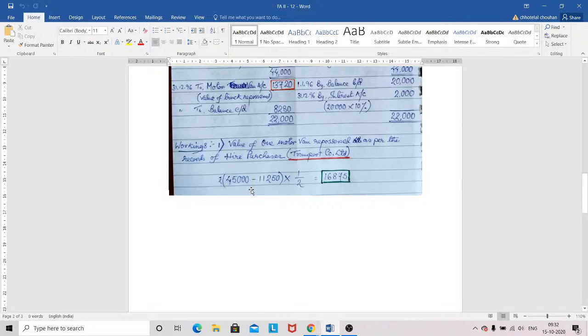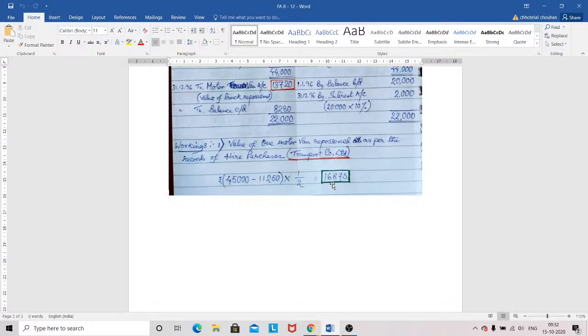So the remaining balance is for the two motor vans, and you have to calculate for the one motor van. So it will be 1 by 2. The value arises as 16,875. So as per the hire purchaser the value is 16,875. Again I am repeating, 45,000 is the opening balance of that particular asset.